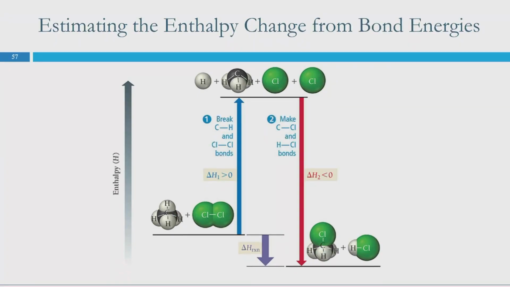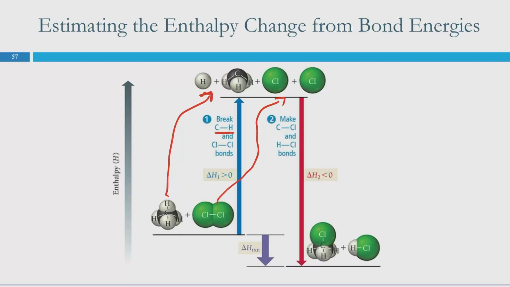All right, so here's one with a visual. If we start with methane and chlorine gas, and we want to calculate the change in enthalpy to form HCl and chloromethane, we have to break a couple of bonds.